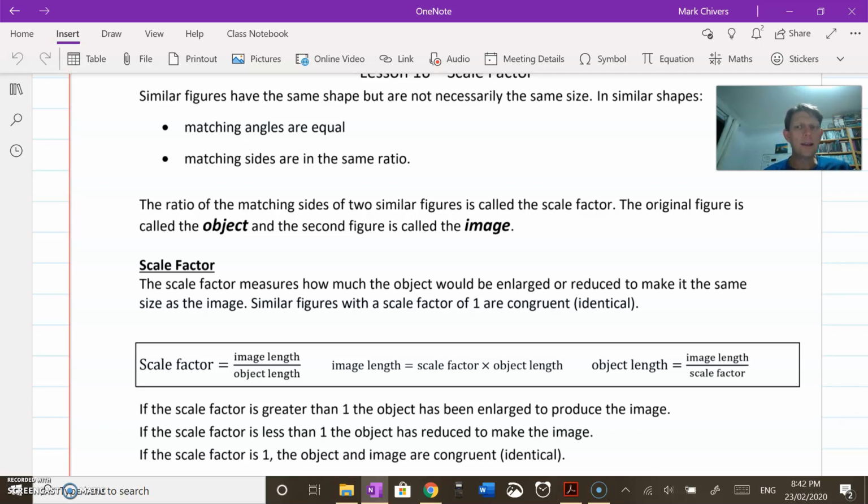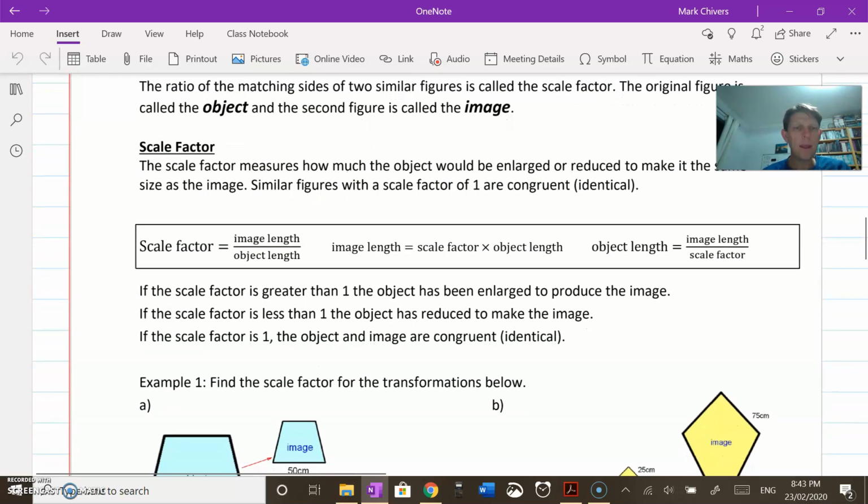As long as you label your shapes and work it out via the appropriate method, it won't matter which one you call which in most cases, unless the question asks you to do one thing or the other. So the scale factor is just the ratio, or the multiplier, by which the shape changes between its image and its object.